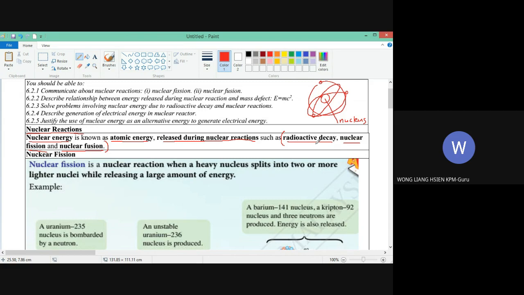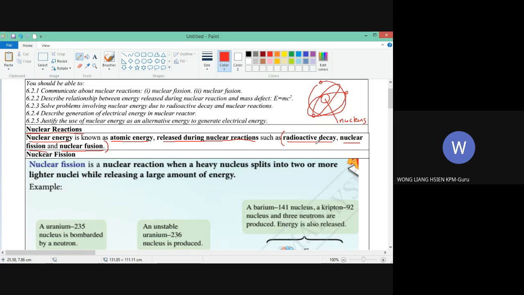Beta decay also: when the neutron breaks down to become one proton and one electron, the electron is ejected at a very, very high velocity out from the nucleus. So the kinetic energy of the electron, the beta particle, is from the nucleus, so it is nuclear energy.